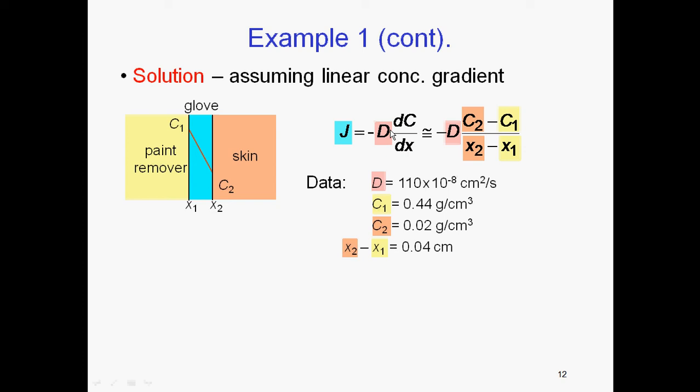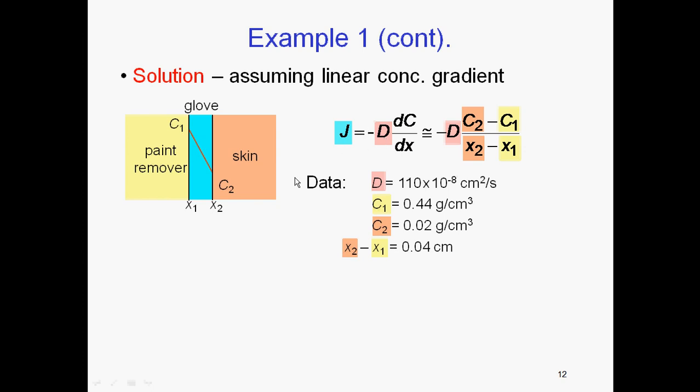Now, the negative sign in Fick's law comes because the component is diffusing from a region of high concentration to a region of low concentration.